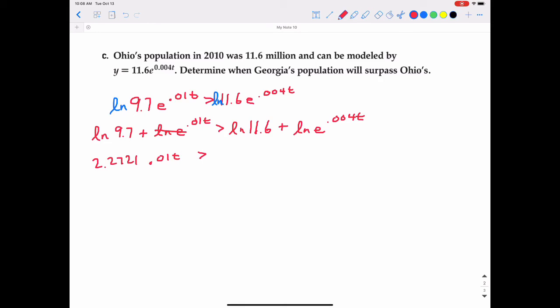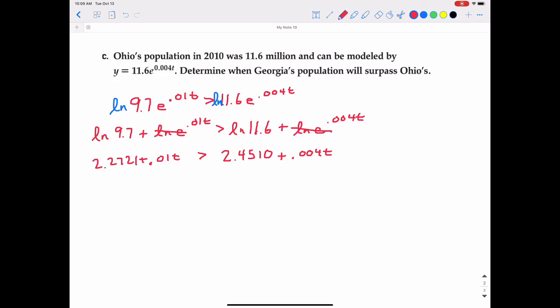It's going to be greater than the natural log of 11.6, and that is about 2.4510 plus, so the ln of e cancels out, just 0.004 t. So finally at this point, I forgot my plus sign over here. Let me fix that. So at this point, it amounts to basically an Algebra 1 question.